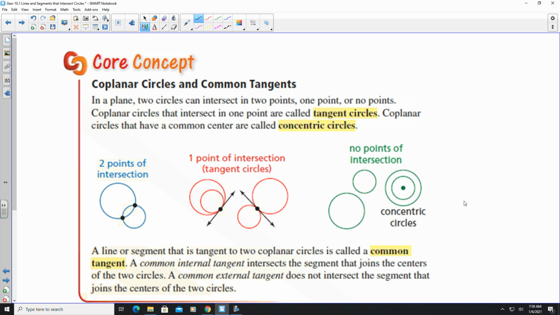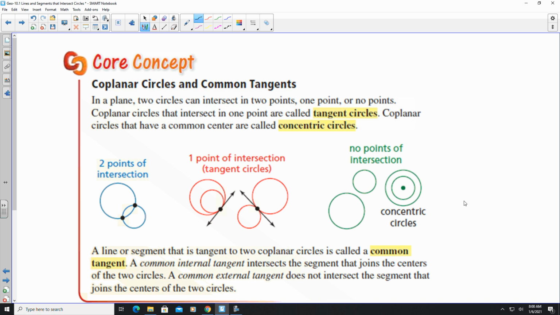For the blue one, it says you can take two circles and they can be intersected at 2 points. You could also take those same two circles and intersect them at 1 point, which in this particular case means that those two circles are tangent circles, which means the smaller circle could be inside the larger one, or they could both be on the outside, both intersected at 1 point.